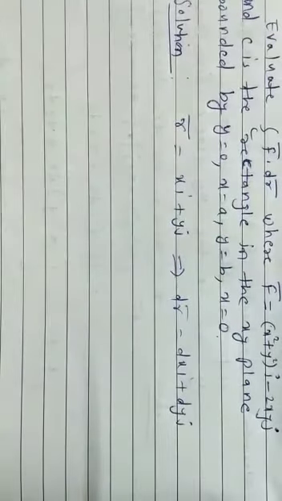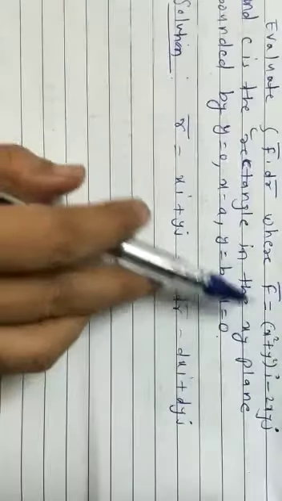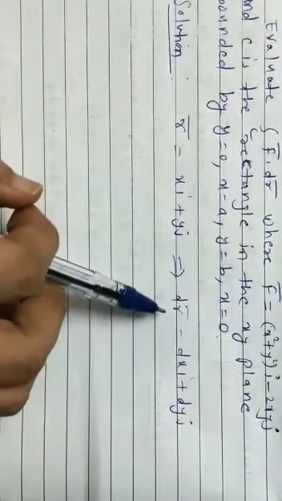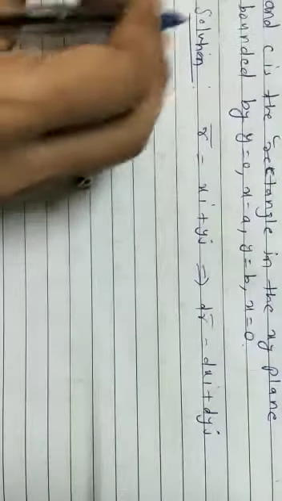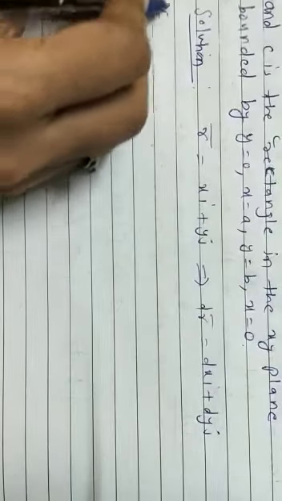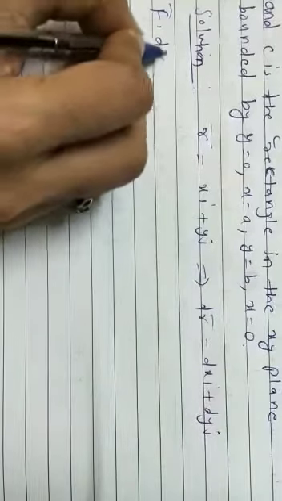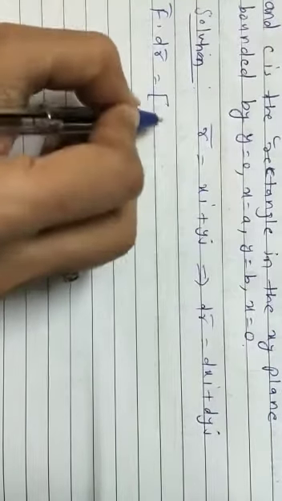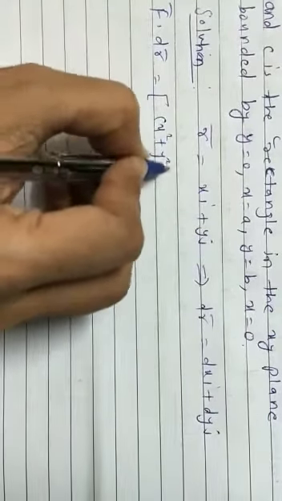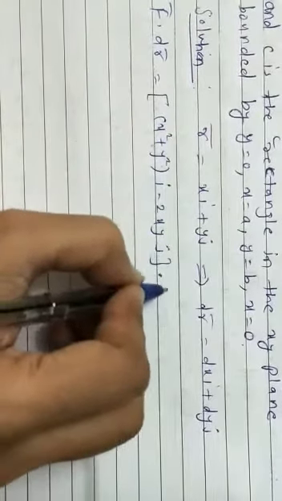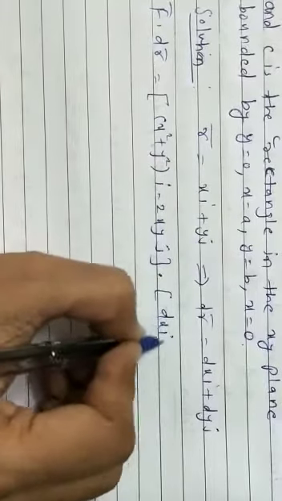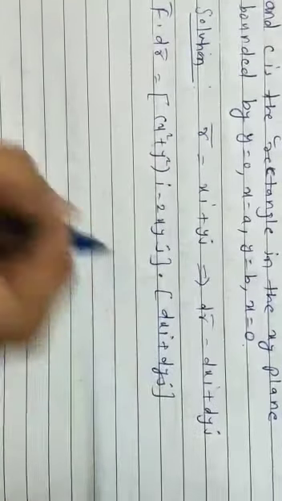Now f bar is given as this, right? And you got dr bar also. So let us find f bar dot dr bar. F bar is given, which is (x square plus y square) i minus 2xy j. Dot product with dr bar, that is dx i plus dy j.